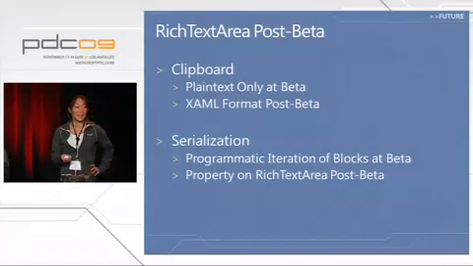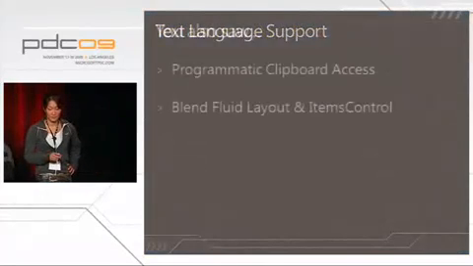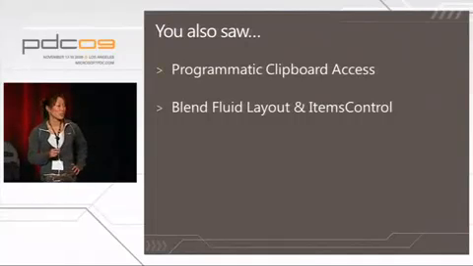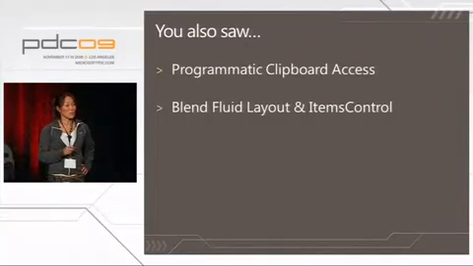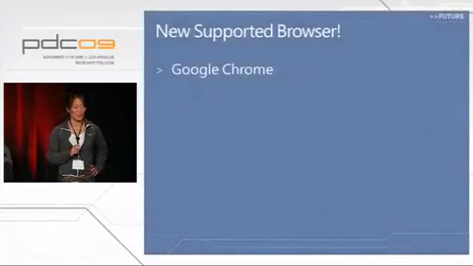Post-beta, we'll be making that available just on a property on rich text area. In that demo, you also saw, again, programmatic clipboard, and again, the Blend fluid layout feature with the items control, the list box item loaded and unloaded functionality that we've added in the beta. And of course, Google Chrome support.